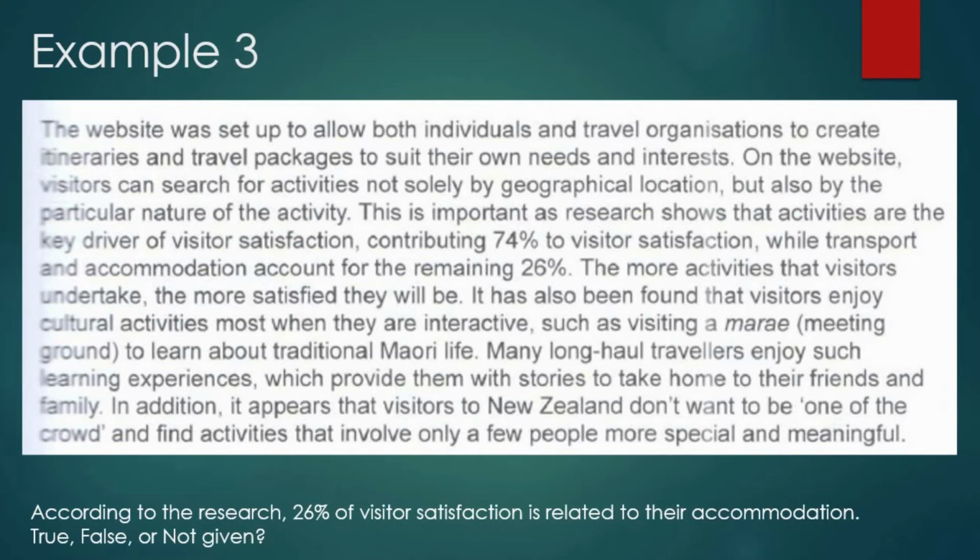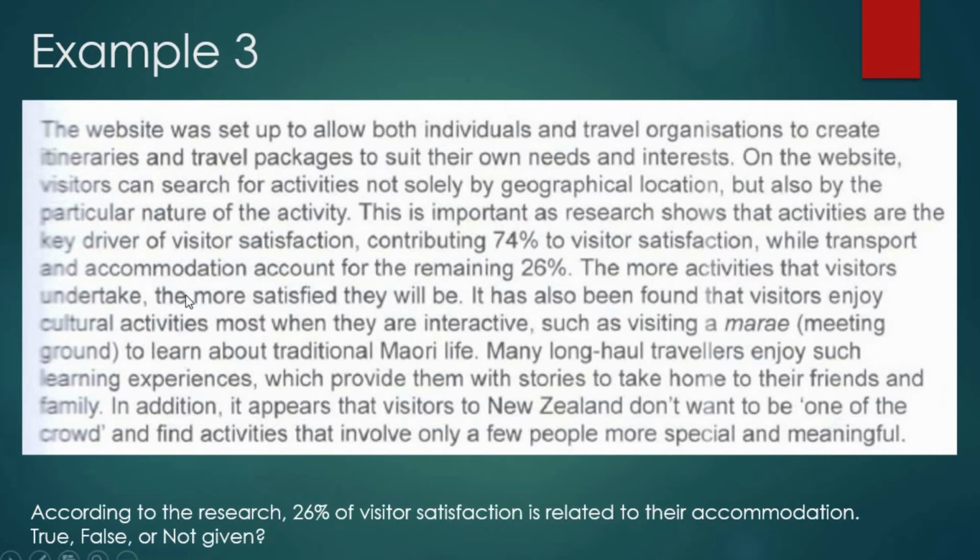Now this answer is really tricky. If your answer is true, then my friend, you are not reading properly. The answer cannot be not given because it is actually given. The information is present. You can see that. Now the correct answer is false. Why? Because 26% is the combined percentage of transport and accommodation.